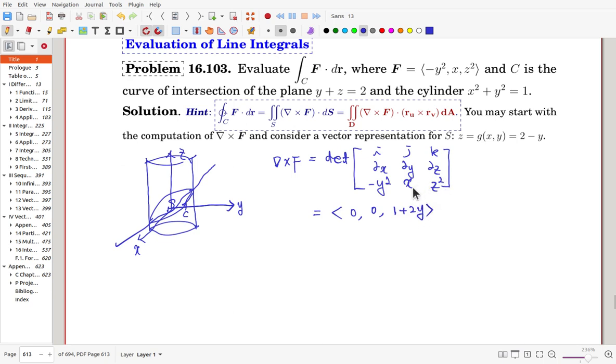Okay, we got the curl of F, and now we have to parameterize the surface. We have now z equal to 2 minus y. The plane itself can be parameterized in this way.